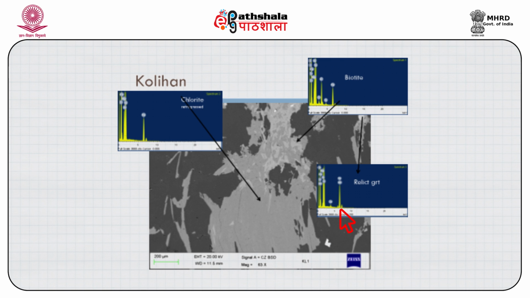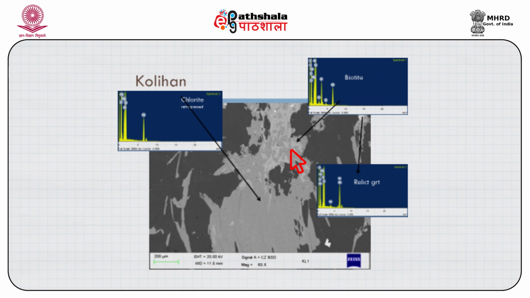This figure is from the Khetri mine, and in the center we see chlorite, which is reflected by the presence of iron, magnesium, silicon and aluminum, and biotite to the left of this phase, indicating that the chlorite formed by the alteration of biotite. The characteristic spectra of biotite include, besides iron and magnesium, potassium also, signifying that it is distinctly different, as well as it has a different backscatter signature, that it is brighter than chlorite.